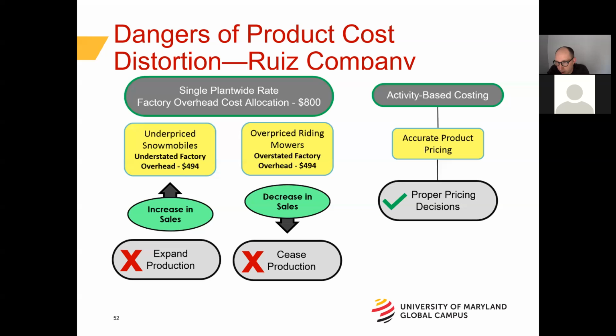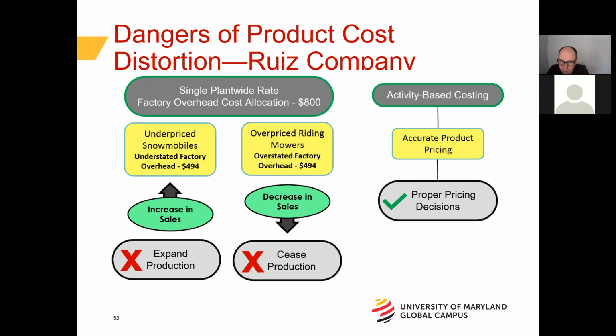What ultimately happens from that is we would not expand production. We would stop production of certain products. And that type of decision based off of the allocation of factory overhead can be very detrimental to a company. And that's why single plant-wide rate method is not very efficient.